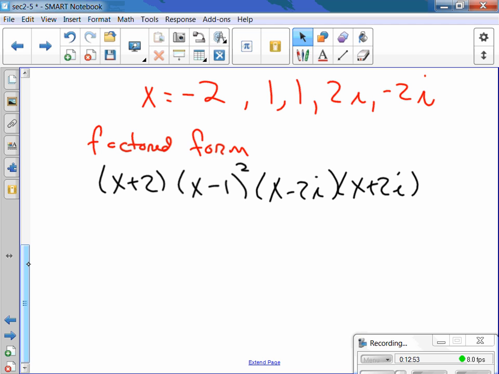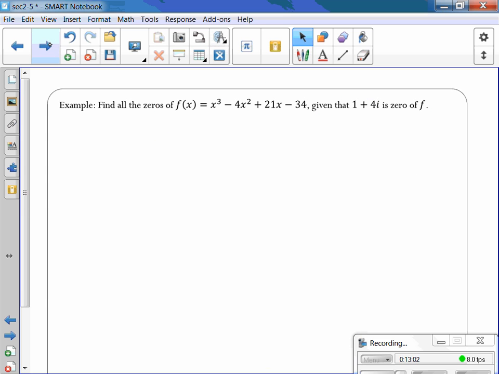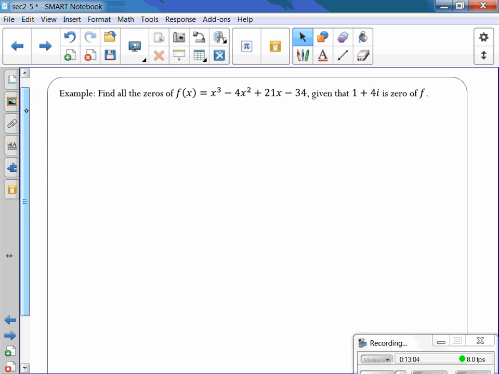Question? We want to find the zeros of f of x equals x cubed minus 4x squared plus 21x minus 34, given that 1 plus 4i is 0. What else do I know? 1 minus 4i.